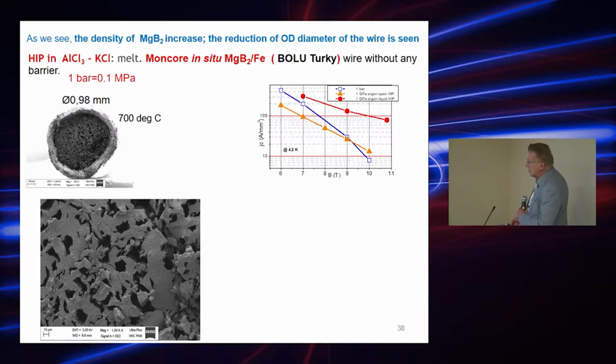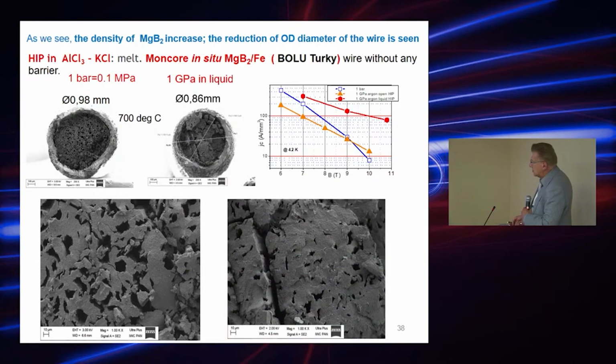This is again one example of the monocore in situ MgB2 Fe wire made by Bolu in Turkey. And you see, without the high pressure, we get something like this. And after using 1 gigapascal in liquid, so it means in the eutectic, you get a very low diameter here, and you see how it changes the structure of the material. And of course, the critical current is increasing here.